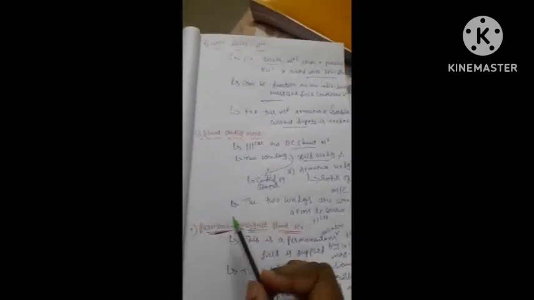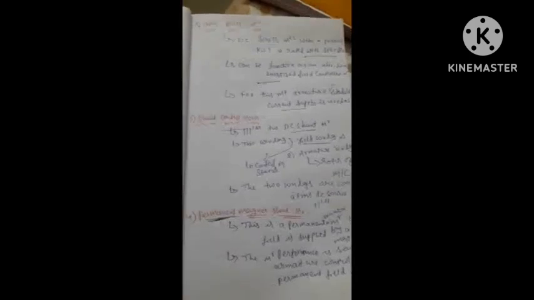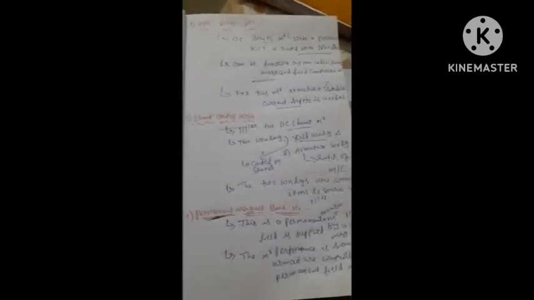So these are the 4 classifications of DC servo motor. First classification is series motor, second one is split series motor, third one is shunt control motor, fourth one is permanent magnet shunt motor. Now we discuss the AC servo motor.